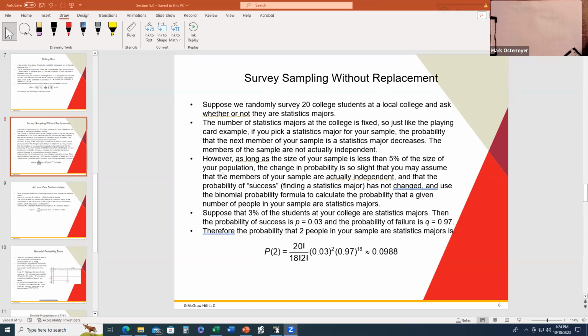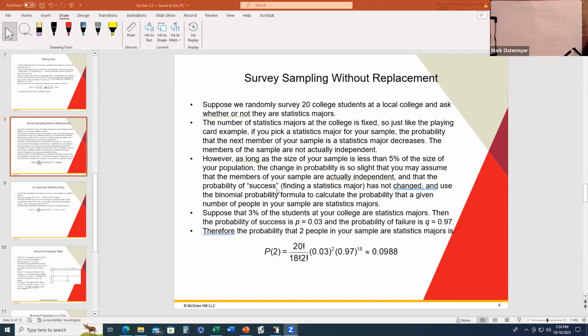Now, this is a marvelous thing, though. If, however, ladies and gentlemen, the size of our sample is less than 5% of the size of our population, the change in probability is so slight, if we keep a trial out of our lot and reach in and pull out another, that you may assume the members of your sample are actually independent.